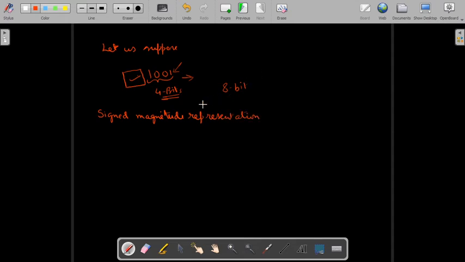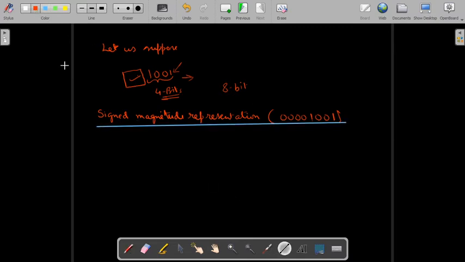suppose the number is 00001001, and we want to represent this number in signed magnitude.